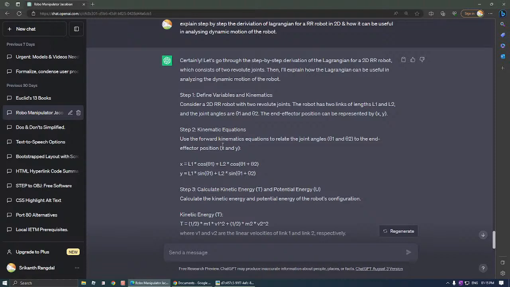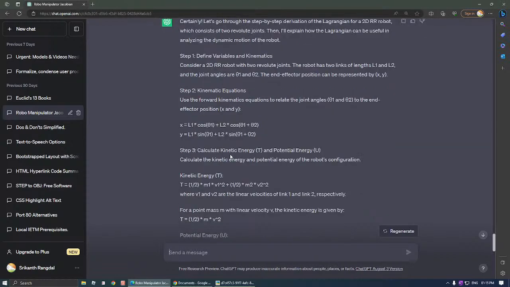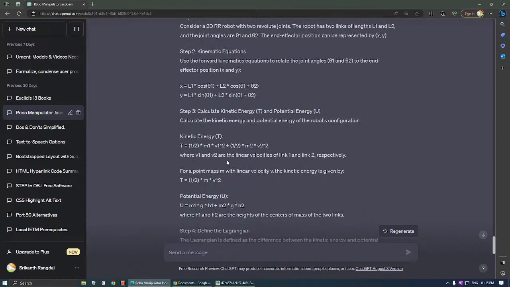And step 3, calculate kinetic energy and potential energy. Now the way to do that is to use half mv square. Are you finding the velocities at the end point of this, or at the center of gravity?